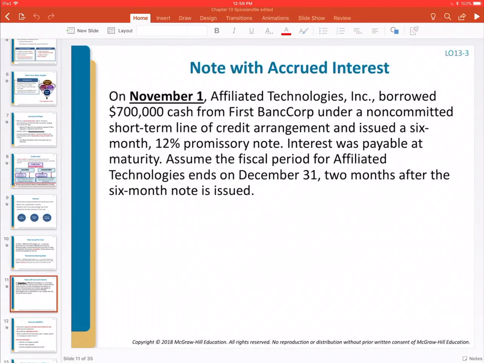This is an example of a liability where the interest needs to be accrued at the end of the first accounting period, even though it's not paid until the following accounting period. That's the example I'm going to walk through on slide 11. And then I'm also going to walk through slide 18, where it discusses a type of unearned revenue related to refundable deposits. So those will be the two that I walk through.